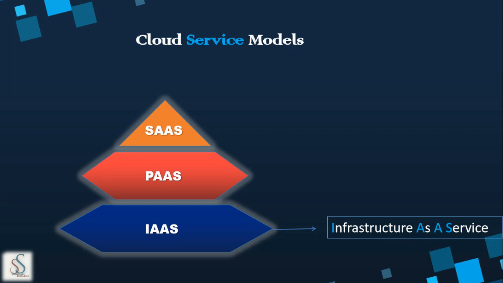PaaS is platform as a service. On the infrastructure, you need to install operating systems, virtual machines, all these before you start work, right? Some platforms where you need to install some software. All those platforms are provided as a service by the cloud service providers on a rental basis.